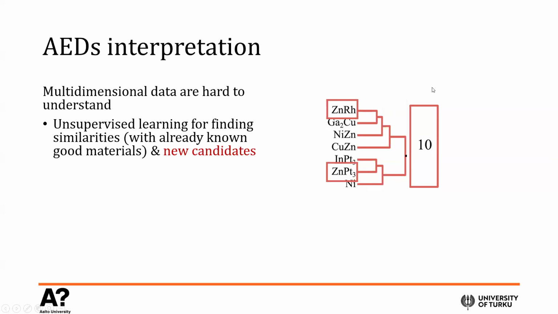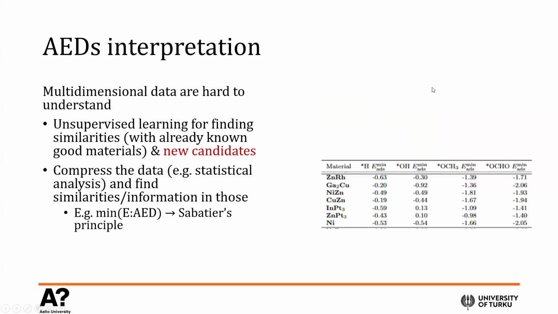You can ask me how it ended up. The other option is to use some compression, like statistical analysis on the AEDs, and you get a different type of descriptor that you can map back to the Sabatier principle. So what we've seen is that all of these are around copper-zinc with adsorption energies all over.